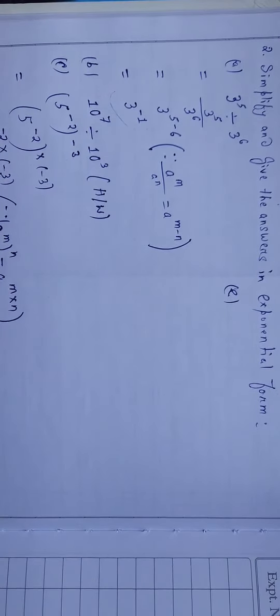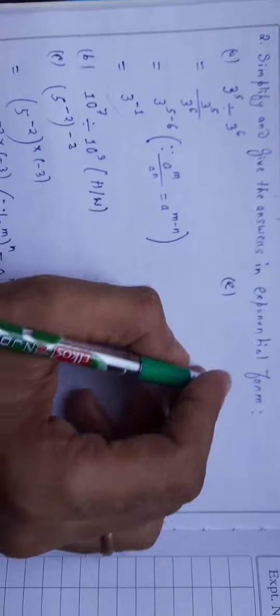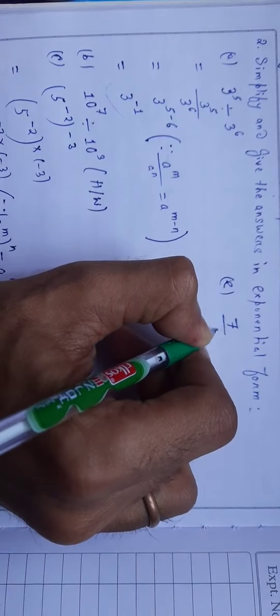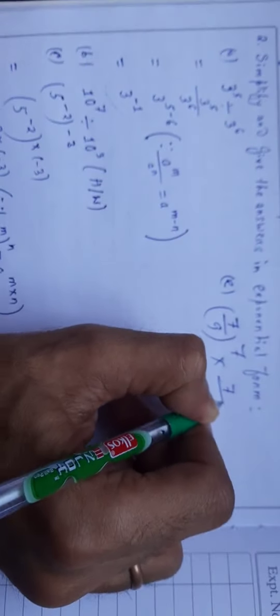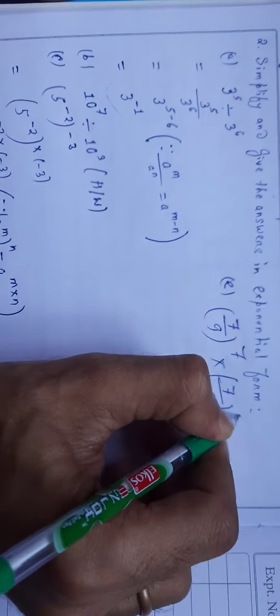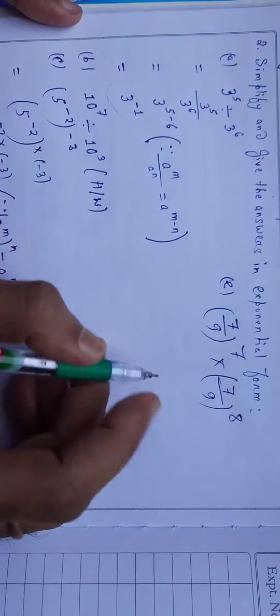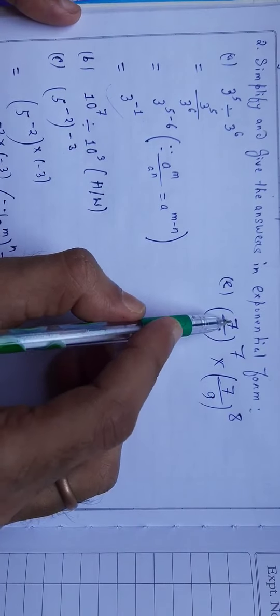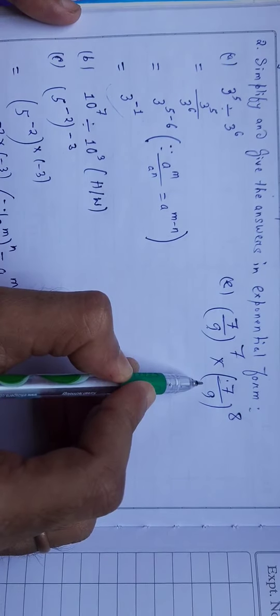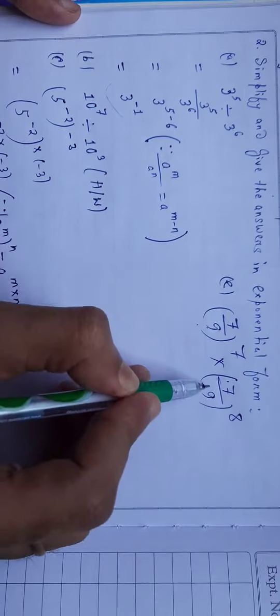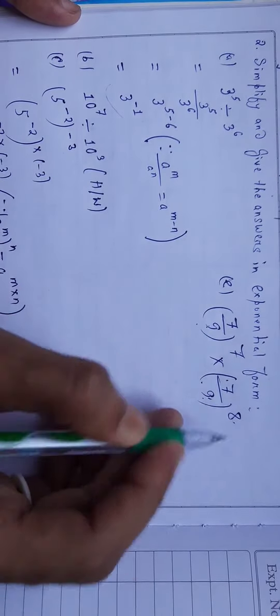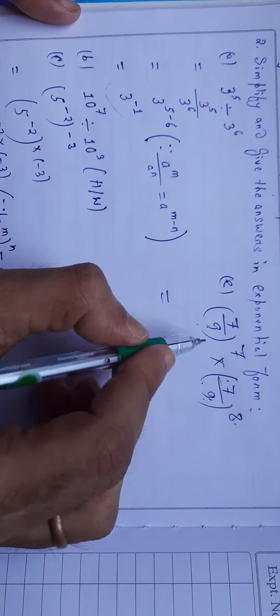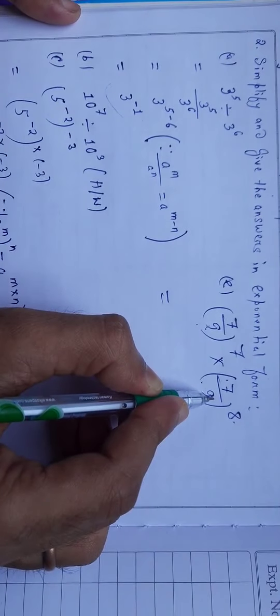Next question number E. 7 by 9 whole thing to the power 7 into 7 by 9 whole thing to the power 8. Since here you can see 7 by 9 and 7 by 9, this can be treated as a, and this is also a. So it is a to the power m into a to the power n. If bases are same, powers can be added.